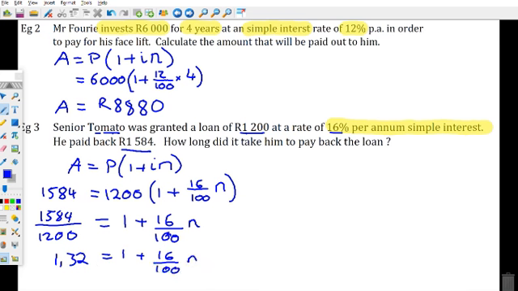All right, any questions there? No. Okay, so I'm going to carry on up over here. We're going to say 1.32 minus 1 is equal to 16n over 100.